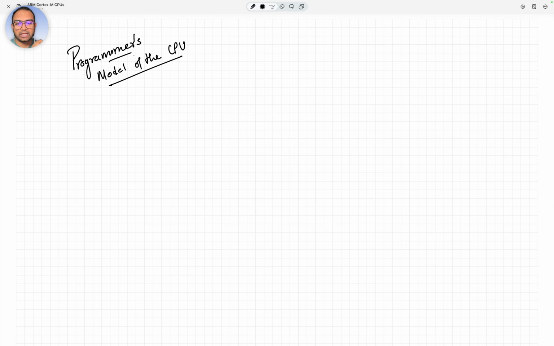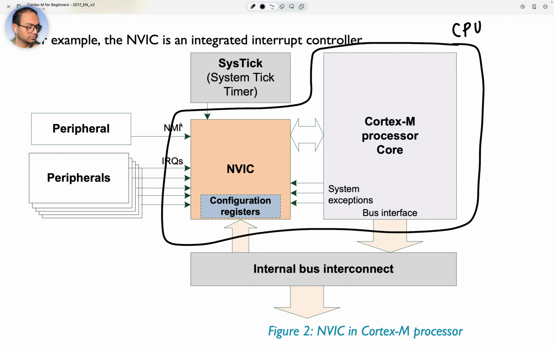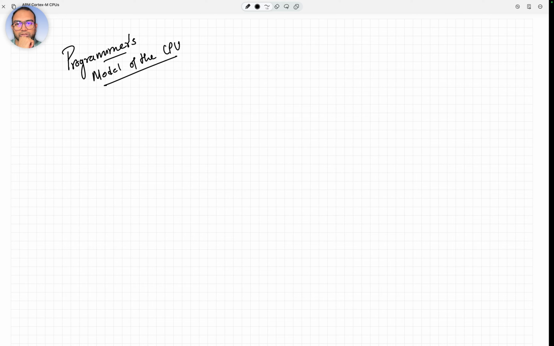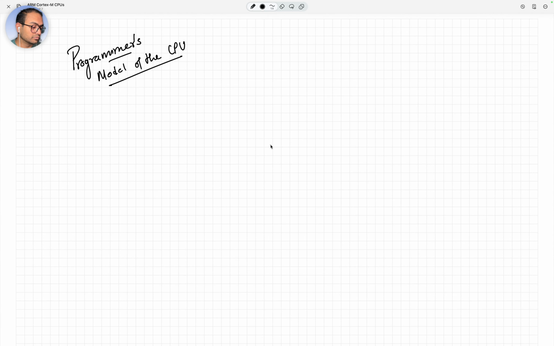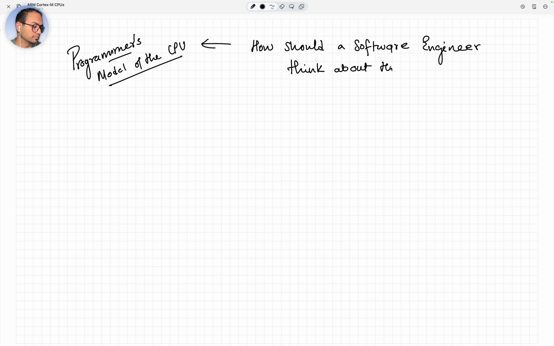Again, I just have to reiterate that we are intending to see the usage or the importance of this, and we are right now trying to reason about the programmer's model of the CPU, which is how should a software engineer think about the CPU, right? Okay. So for this, we have to briefly talk about storage, which is interesting, right?